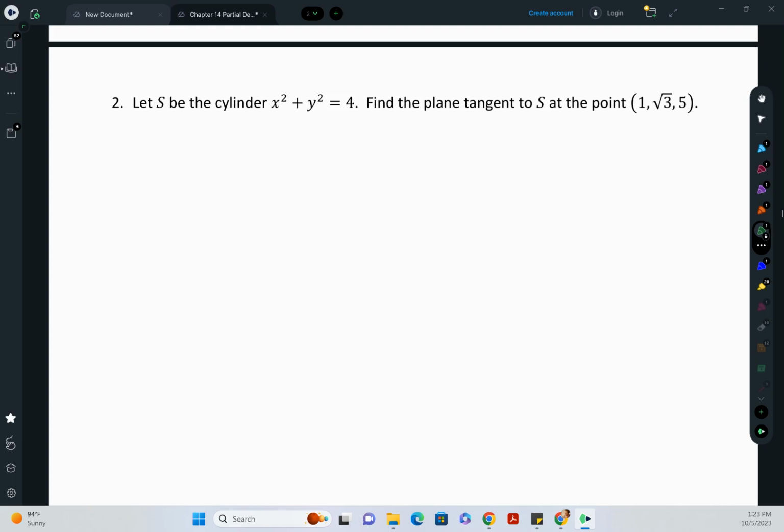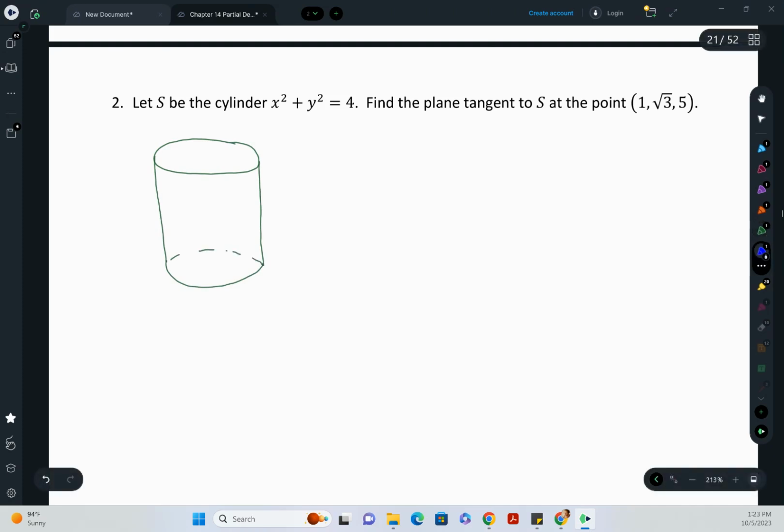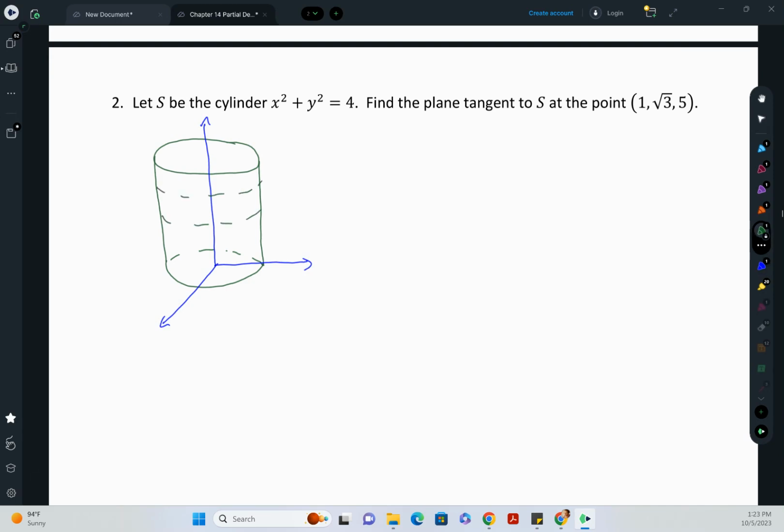So the cylinder x squared plus y squared equals 4 looks like this. I'm not the best drawer, but I can get something that resembles what we're working with on paper. Okay, so this is our cylinder.